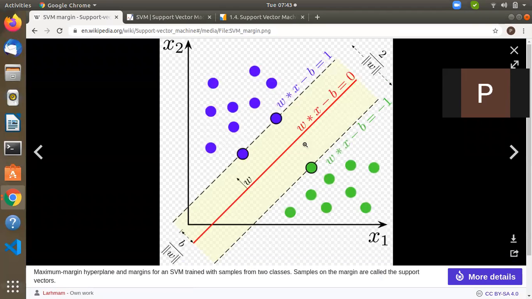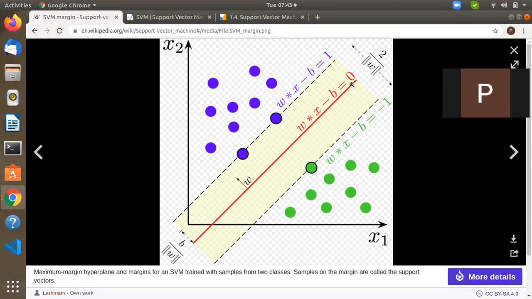here I am considering the blue points as positive values and the green points as negative. Okay, and I'm considering some slope for this particular diagram, as well as some y-intercept value, that is the b value.